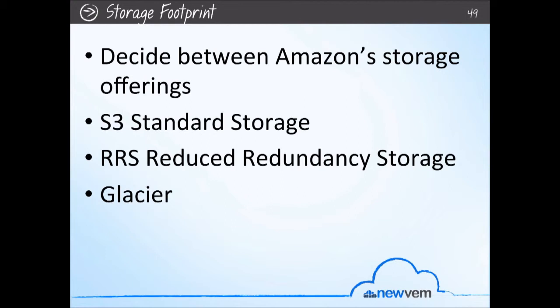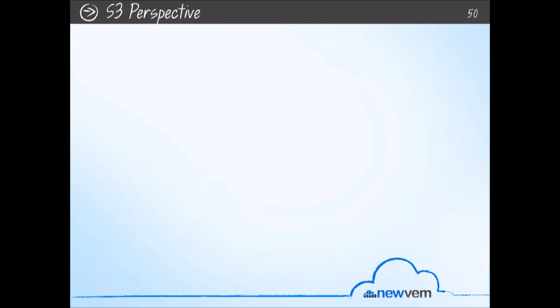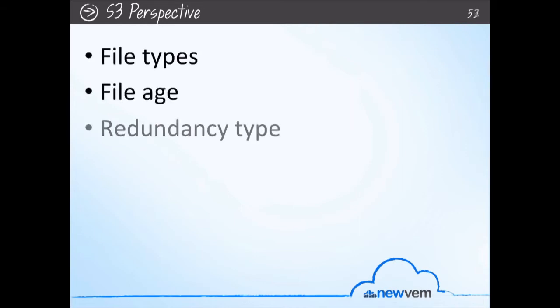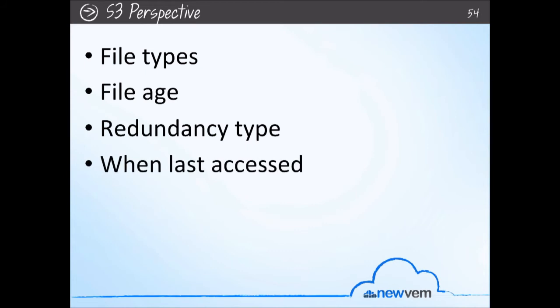Users may need files at different levels of availability. Newvem also gives a perspective on the stored files within S3. What are the file types, their age, the redundancy type, and when they were last accessed. When users understand what they have in S3, they can decide what kind of service they want.